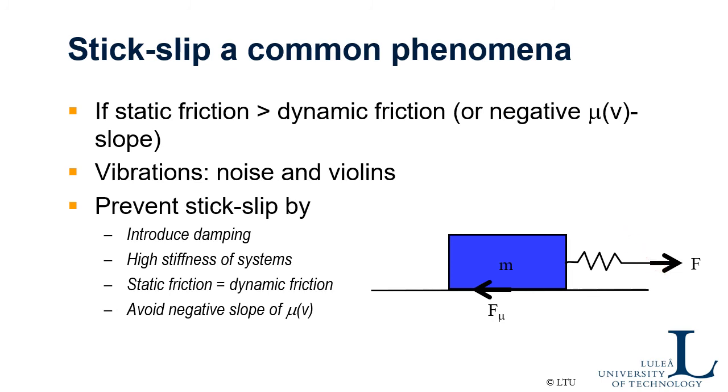The same thing may happen if you have a moving system all the time, but if you have this negative mu versus speed curve slope, then the same thing happens when you increase the speed.